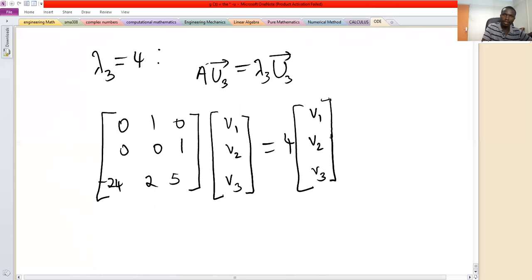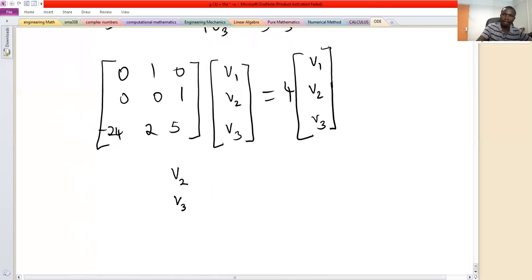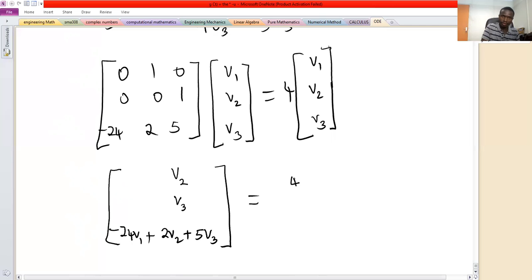So the interest is to find the values of V1, V2, V3. So we have V2, V3, and then minus 24 V1, 2 V2, 5 V3 equals to 4 V1, 4 V2, 4 V3.